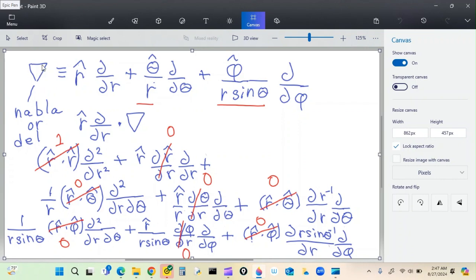Here's the first derivative thing. I'm going to use a new symbol called a nabla or a del, and we're going to take the first derivative of the r things. Notice the difference between the r operator and the theta operator and the phi operator.